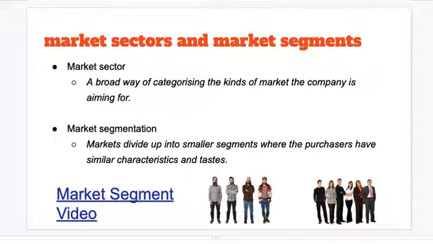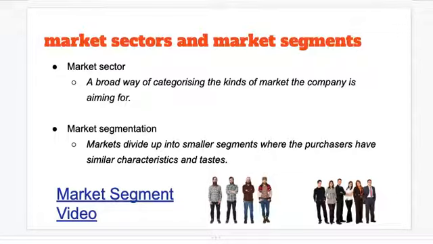So there's the sector and there's a segment. The sector is the broader types of categories that the markets are in, versus the segments are things that are a lot smaller, where purchasers have similar characteristics, taste, geography, etc. That's how it's starting to divide it a little bit more.